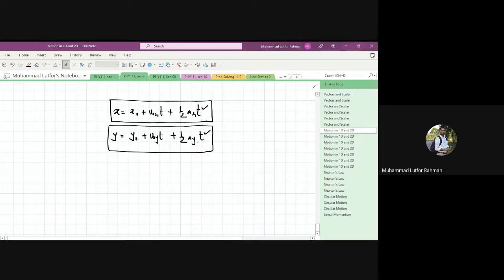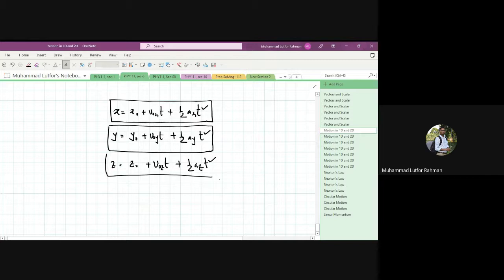If it's three-dimensional, then you have to add one more dimension, which is z. You can write z equals z naught plus v naught z t plus half of a z t squared. So this is three equations, but the same format. I will just extend that idea to 2D and 3D.